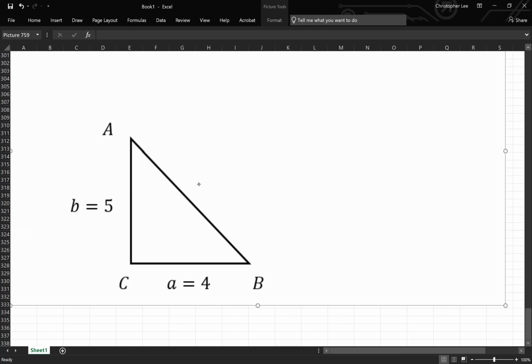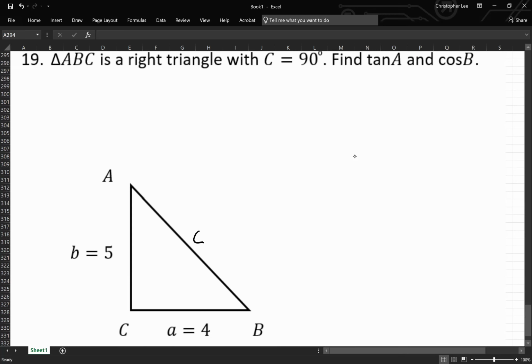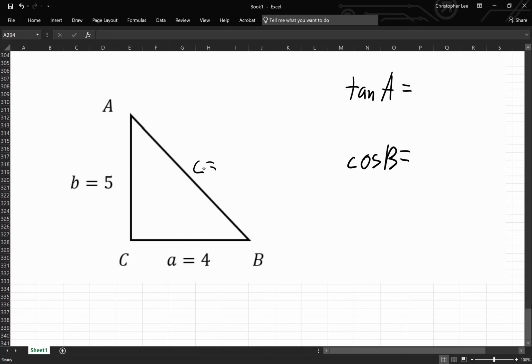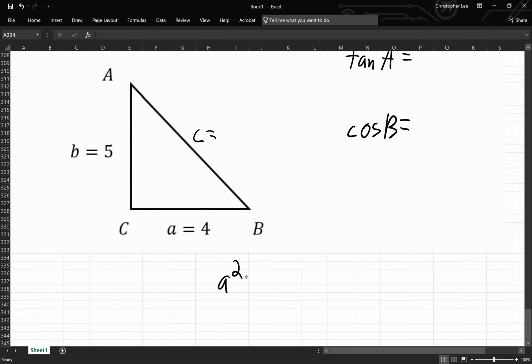So look, they want tan of A. To find C, I have to do A squared plus B squared equals C squared. Just plug it in.